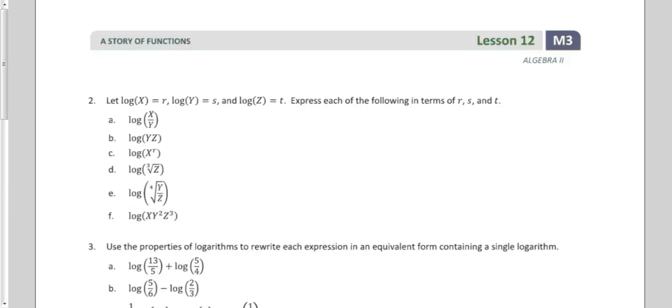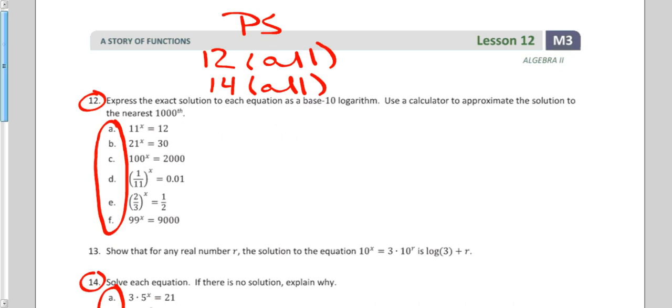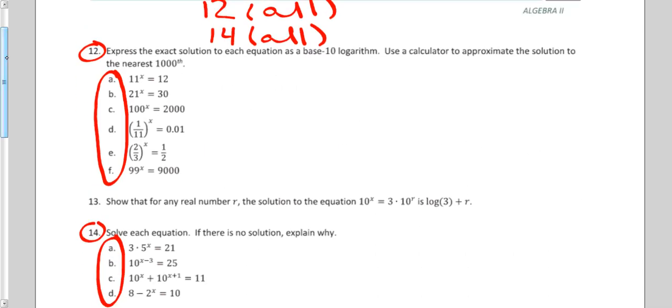Let me look at this real quick. This is the practice set for this unit. It says express the exact solution to each equation as a base 10 logarithm. What does that mean?